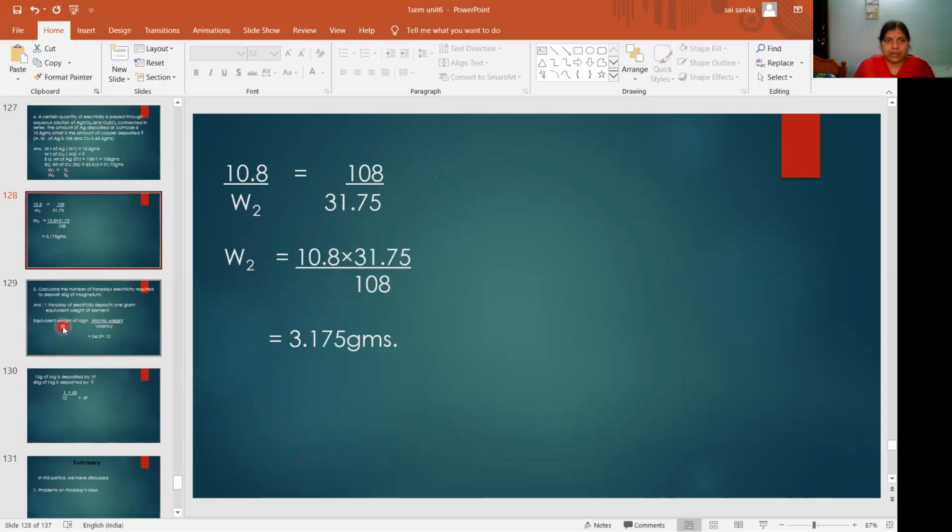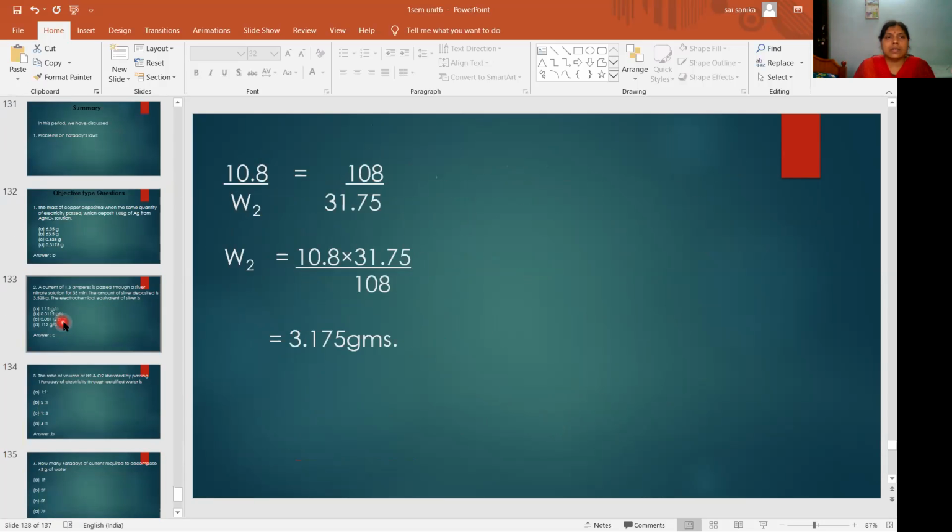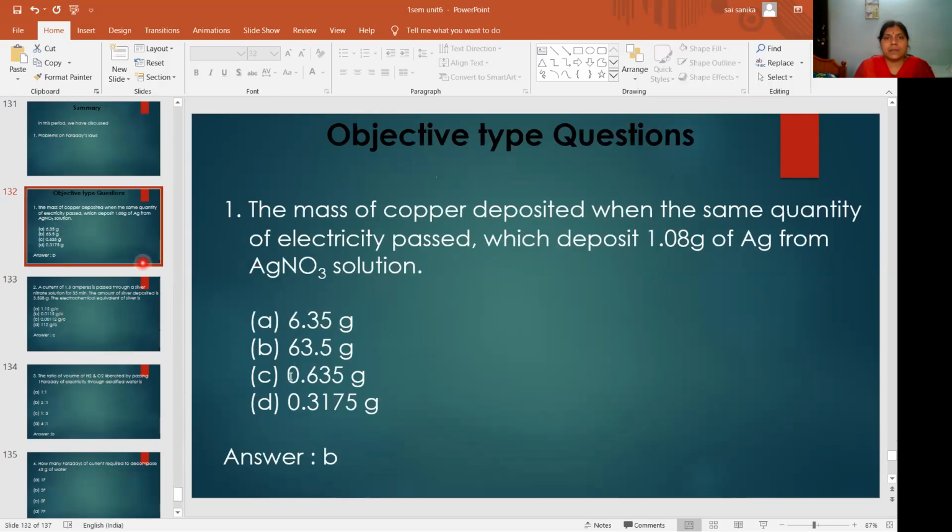Then what answer do you get for W2? W1 by W2 is equal to E1 by E2. So W1 is 1.08, W2 is the question mark, E1 is 108 and E2 is 31.75. Cross multiply: 1.08 into 31.75 by 108, you will get 63.5 grams. So answer is B.